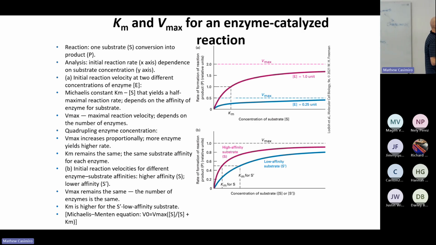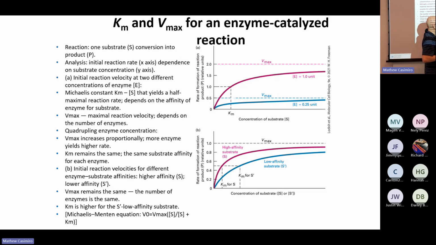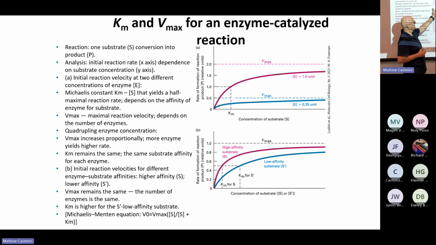So Michaelis and Menten showed that in an enzymatic reaction, the initial phase of the reaction is highly dependent on the substrate concentration. In this graph, we're representing the substrate in increasing concentrations, going from left to right.